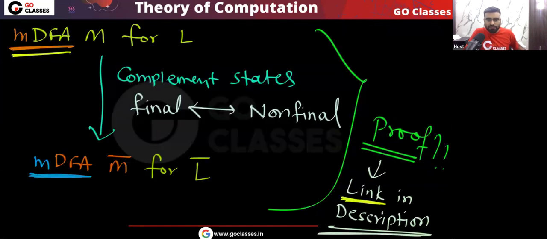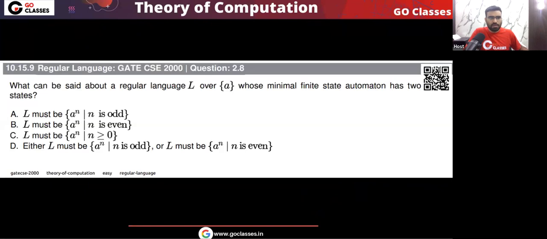Now let's solve this GATE 2000 question. What can be said about a regular language L over unary alphabet A whose minimal finite state automata has two states? This is a very interesting question.